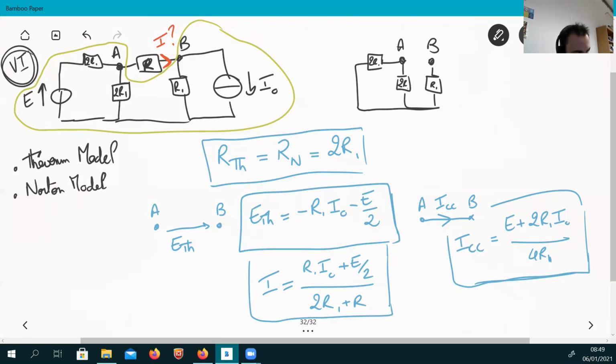So now the question is, what is the equivalent resistor that you see between A and B? This equivalent resistor is going to be the RTH or the RN we are looking for. Okay, yes, thank you. That answers it.